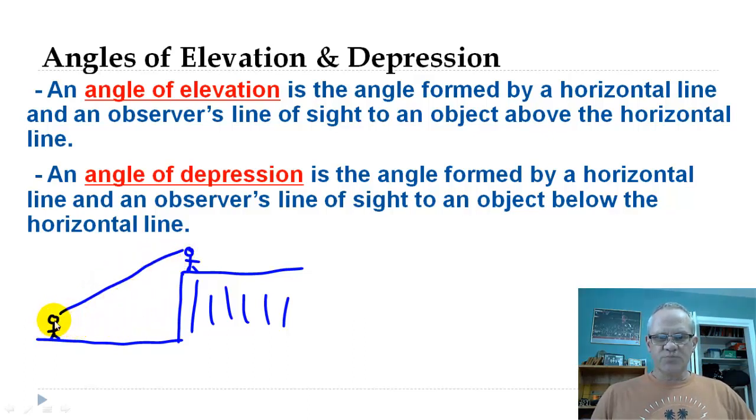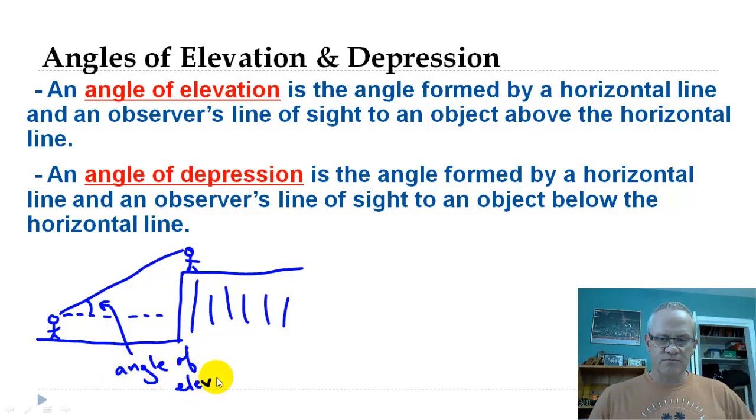So from this person's viewpoint, if you were to draw a horizontal line, this angle right here is your angle of elevation. It's from the horizontal line up to the line of sight.